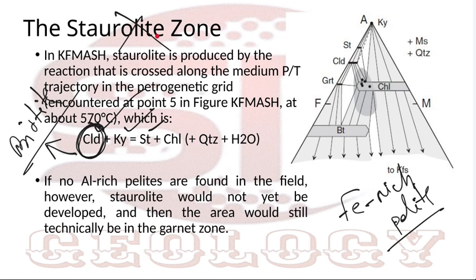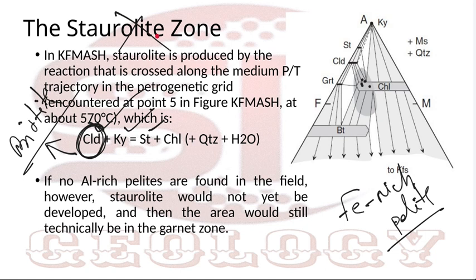If there is Fe-rich pelite, then in the biotite zone chloritoid will appear. If there is no Fe in the pelite, then will chloritoid appear or not? Simply, chloritoid will not appear.